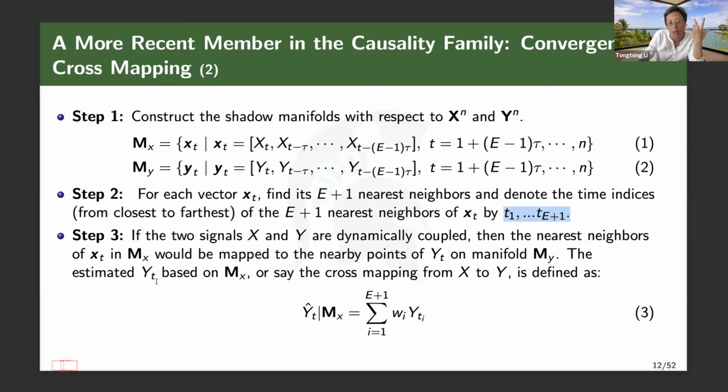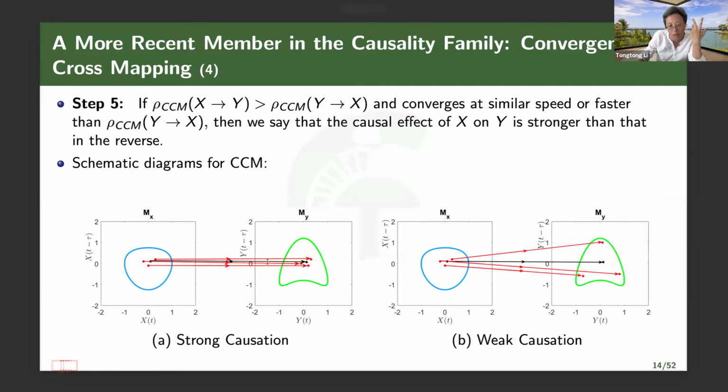And then we say, if x and y are dynamically coupled, then the nearest neighbors of x will be mapped to the nearest neighbors of y. So we find the nearest neighbors of x and map them to find the nearest neighbors of y, and use the nearest neighbors of y to estimate its y_t.